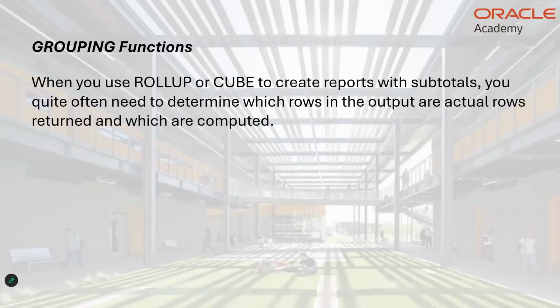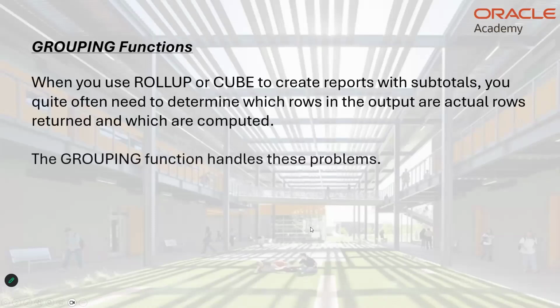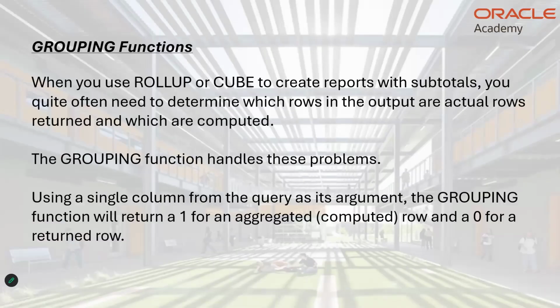It may help you. When you use rollup and cube to create reports with subtotals, you quite often need to determine which rows in the output are actually rows returned. So you may be asked, highly unlikely, to differentiate or even clarify your report based on these grouping functions.